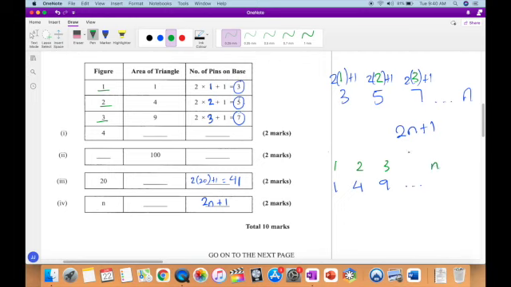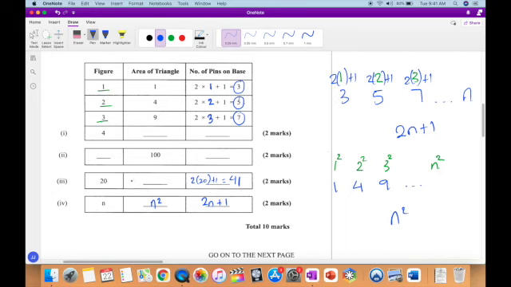And look at this. I could immediately see here that 2 squared is 4, 3 squared is 9, 1 squared is 1. So I looked out for square numbers and I saw that n squared is actually the final formula here. So this is going to be n squared.